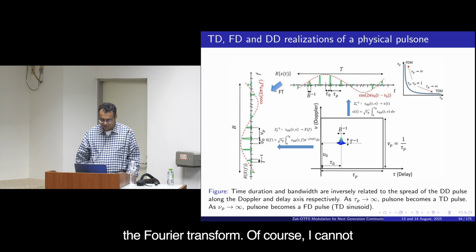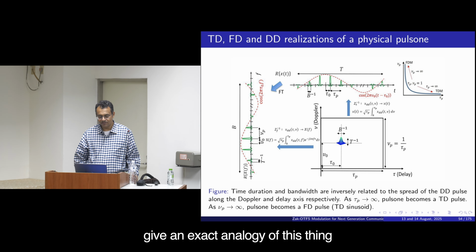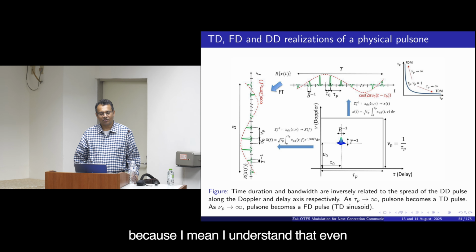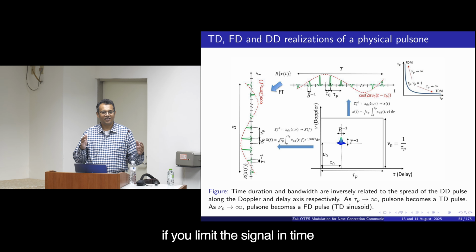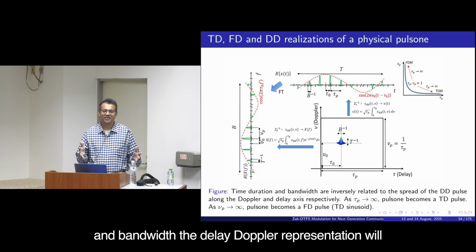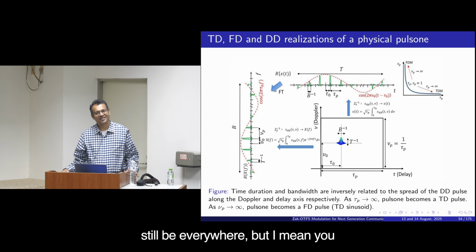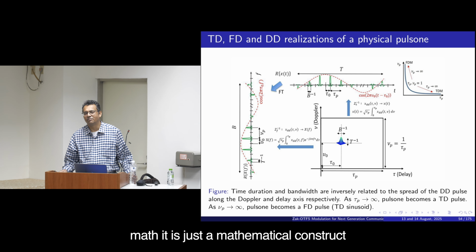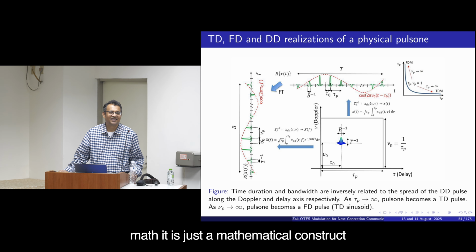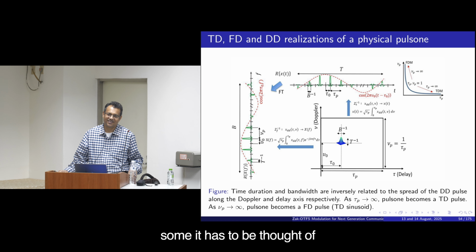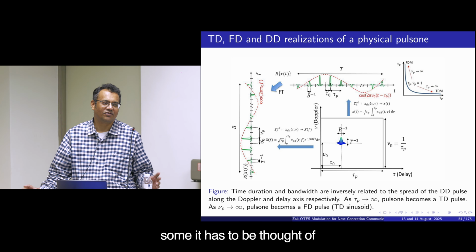Of course, I cannot give an exact analogy, because even if you limit the signal in time and bandwidth, the delay Doppler representation will still be quasi-periodic and it will still be everywhere. But you have to just think of it as a mathematical construct.